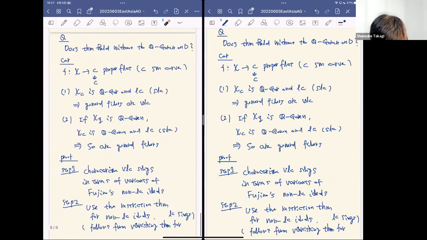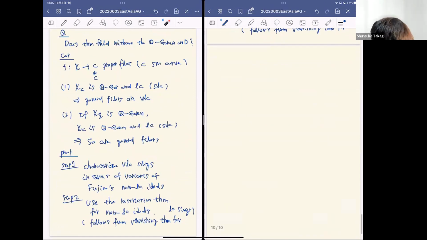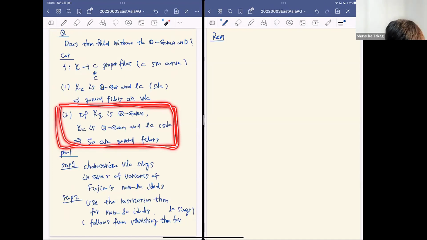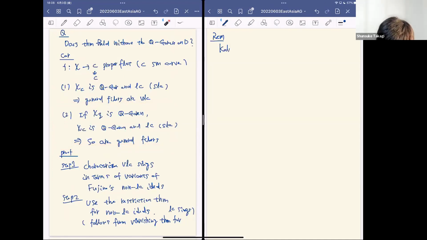Okay, then let me give one more remark. Actually, about this statement, Corollary 2, after finishing this project, we realized Kollár proved the same result in his unpublished book.